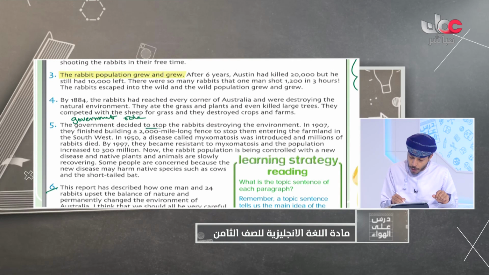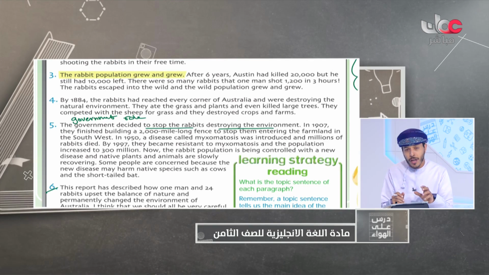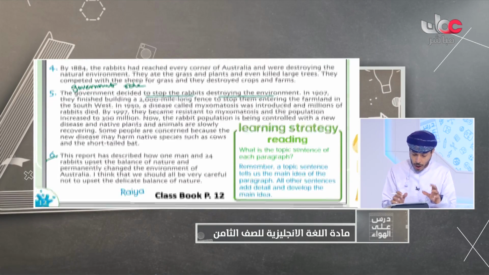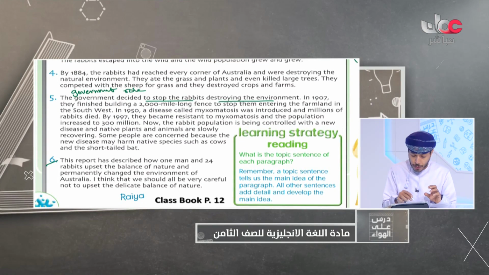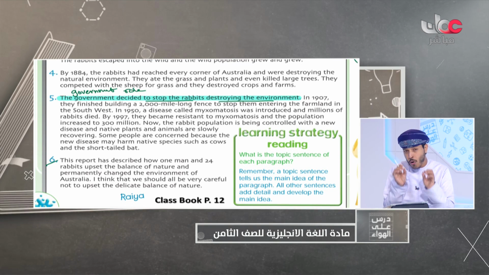To stop the rabbits destroying the environment, because rabbits started to destroy the environment. Okay, so this is about paragraph number 5, and this is the topic sentence. And you know that we are not reading the whole text, we are only reading the topic sentences, and from the topic sentences we can understand the text nature.